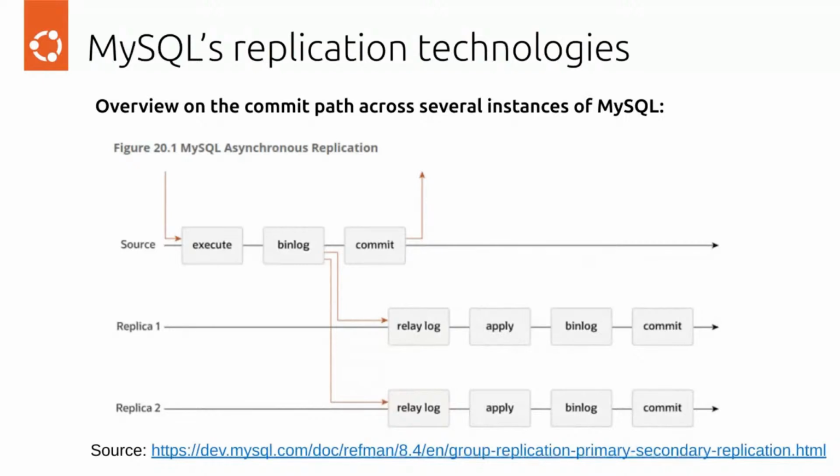And when I say asynchronous, it means that whatever actions are happening on the replica will not impact the course of the commit on the primary instance.